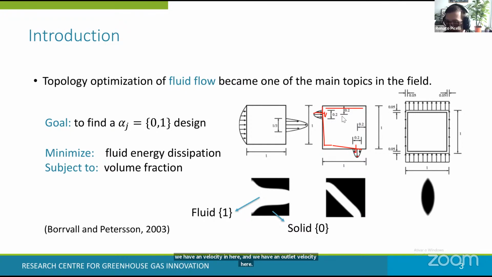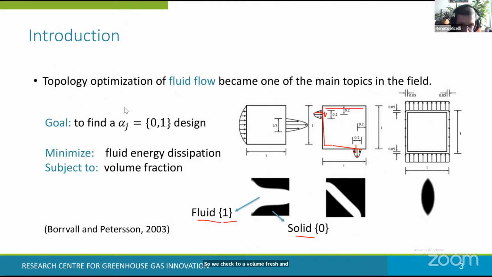We want to design a fluid flow path which requires less energy for the fluid to be pumped. So the fluid is defined as variable 1, and solid is defined as variable 0. This idea is reflected as minimizing fluid energy dissipation, subject to a volume fraction constraint.